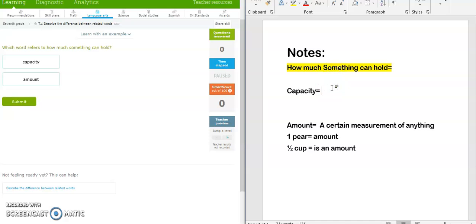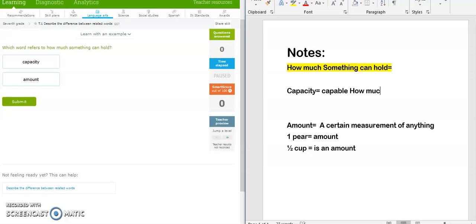But capacity, now I know that capacity is kind of like capable. Capable is like a synonym. Capable. Whoa, Mr. Johnson spelled that all sorts of wrong. Capable. So capacity is like capable.